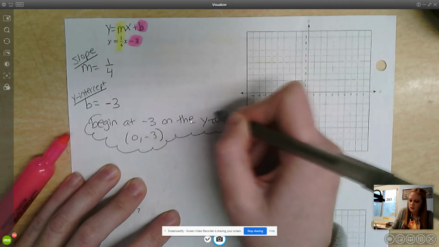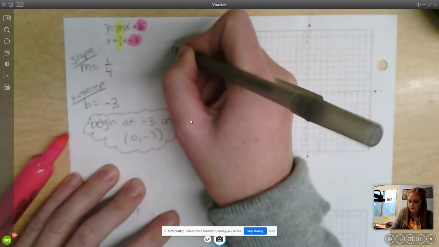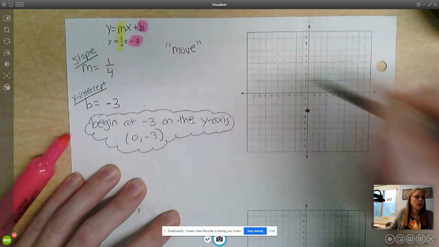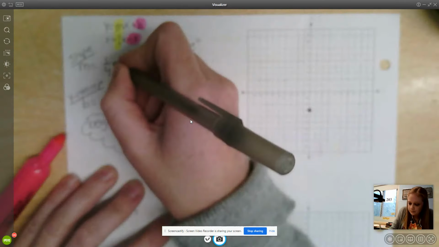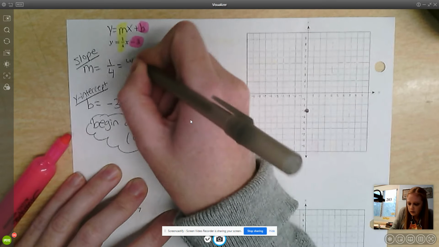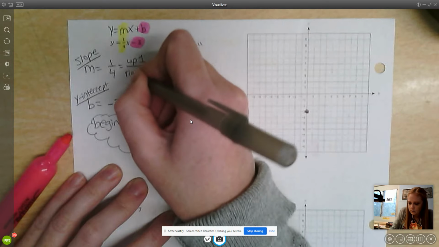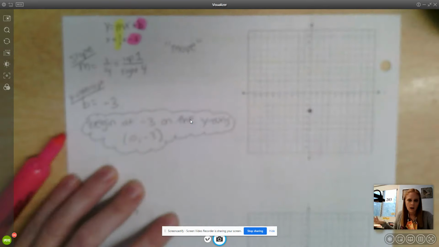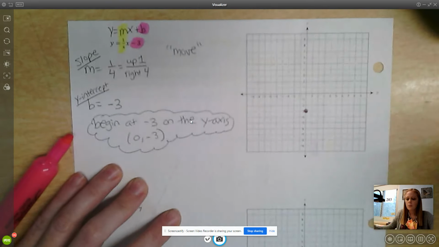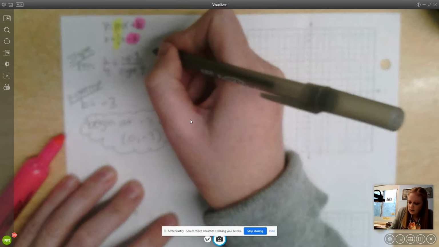Okay, now the m tells us how much to move. So if it's 1/4, +1 tells us we'll be going up 1. And then the bottom is always to the right. Positives are to the right. Up 1, right 4. Okay, so that's how much we're going to be moving.